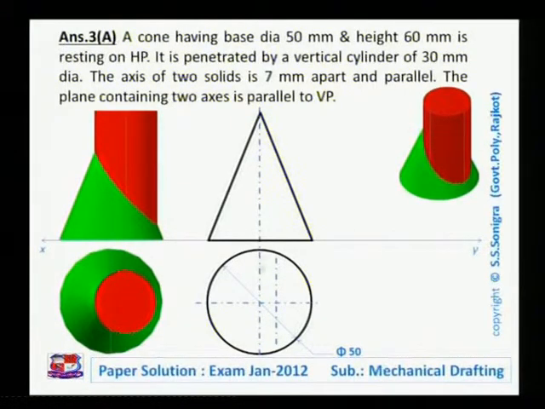So from the axis of this cone, draw another axis like this, at a distance of 7 mm. And from that axis, draw a circle of diameter 30 mm, which is given here. So this circle represents the top view of this red colored cylinder.